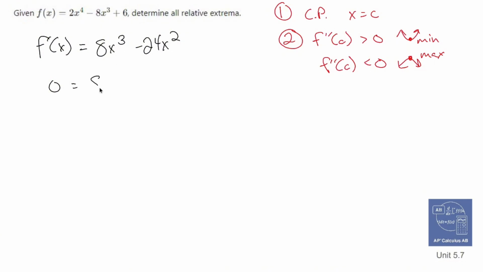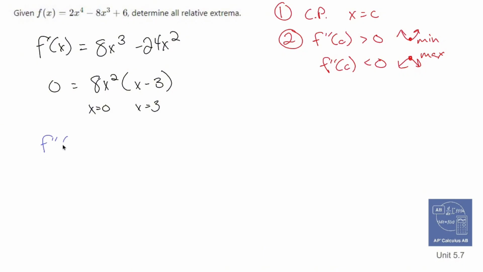Let's factor out an 8x squared, and that leaves me with x minus 3. Now, multiplicity of 2 scares me a little bit, but I still get x equals 0, and I get x equals 3. Now what I haven't figured out yet is what f double prime is.